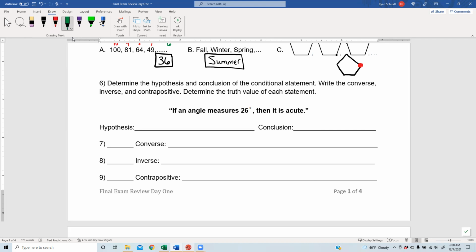Well, our hypothesis would be an angle measures 26 degrees. That's what we'll write in for our hypothesis. Remember, do not put the "if" for your hypothesis.